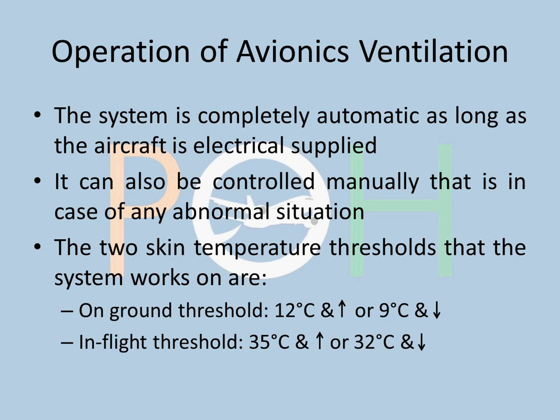Now, the avionics ventilation system works on the most important temperatures given in the video. These are the aircraft skin temperature thresholds. On the ground, the threshold is 12 degrees and increasing, or 9 degrees and decreasing. In flight, it is 35 degrees and increasing, or 32 degrees and decreasing.